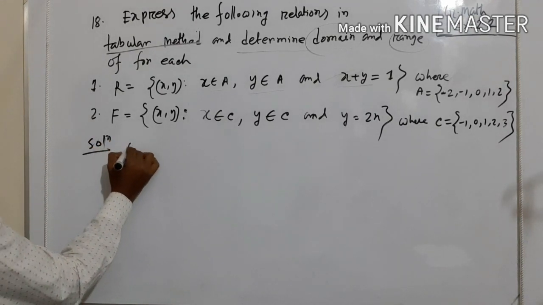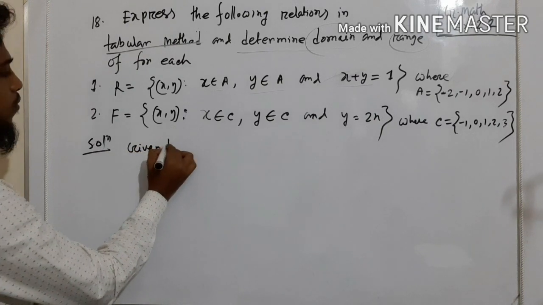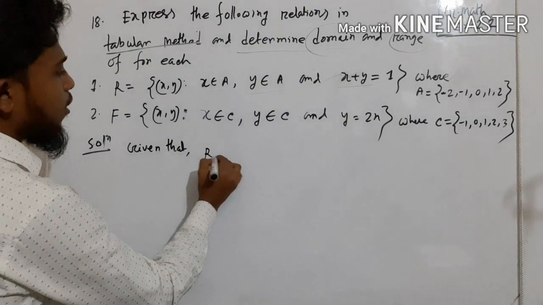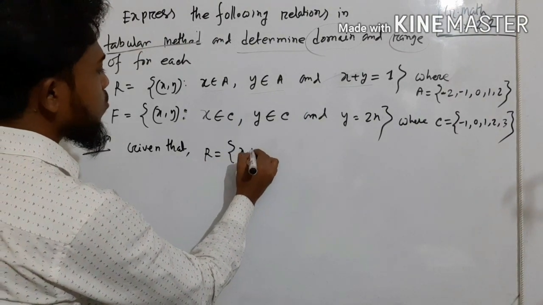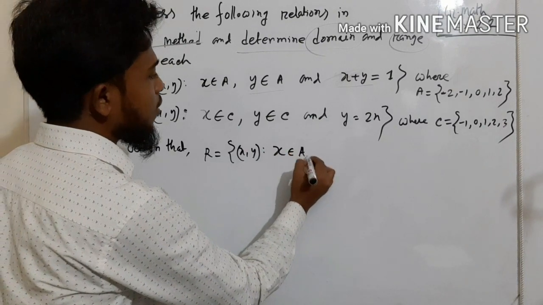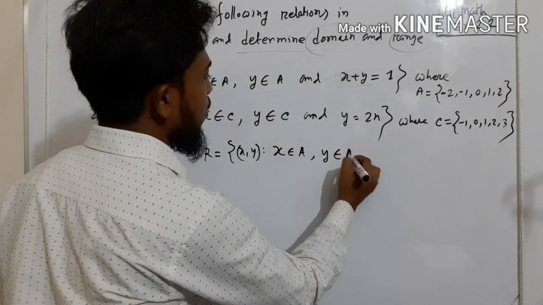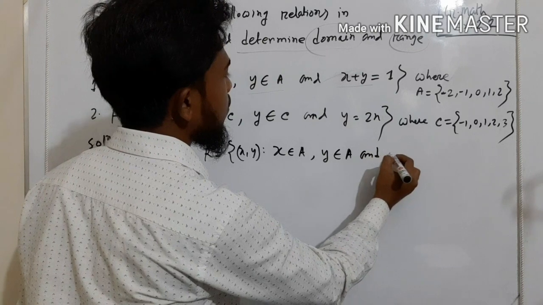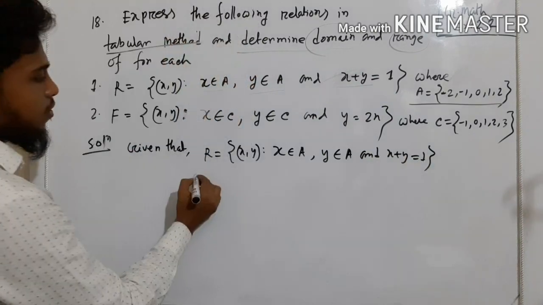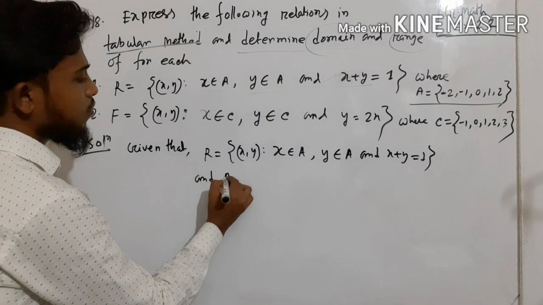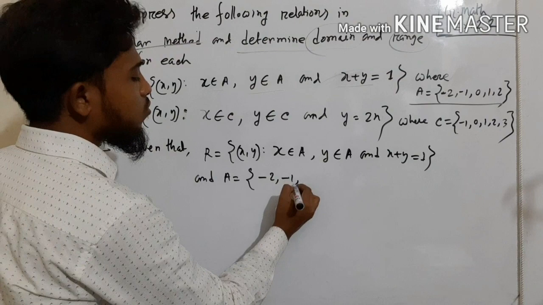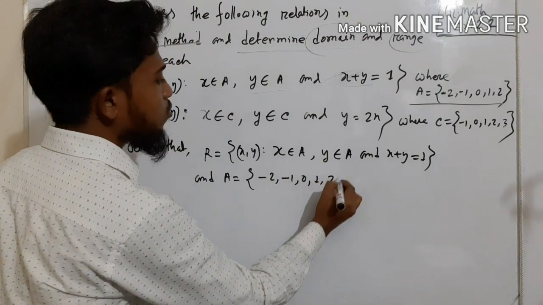Given that this relation R equal to x comma y such that x is in A, y is in A, and x plus y equal to 1, and A equal to -2, -1, 0, 1, 2.